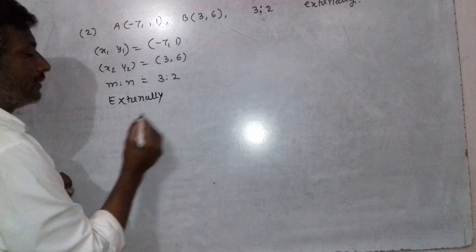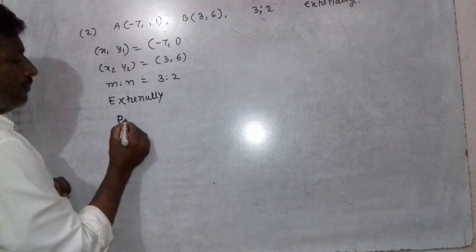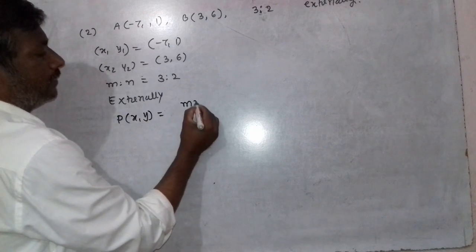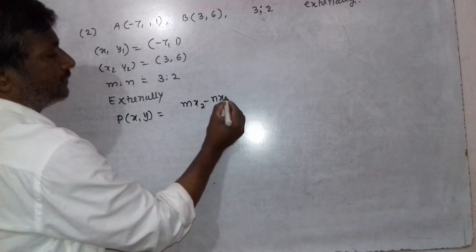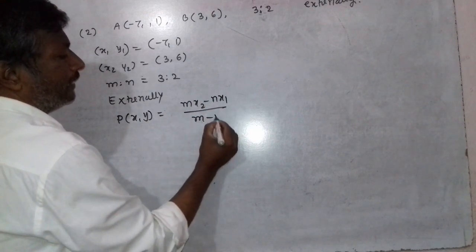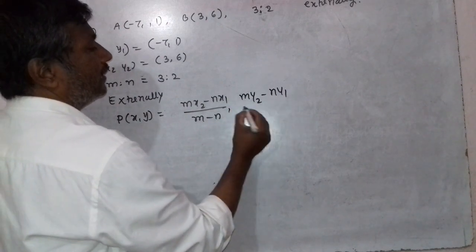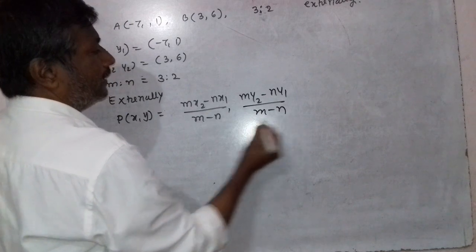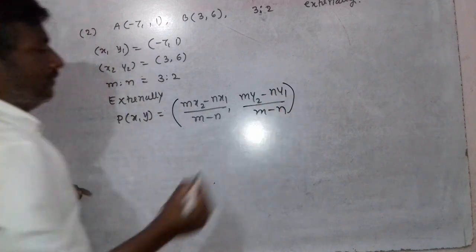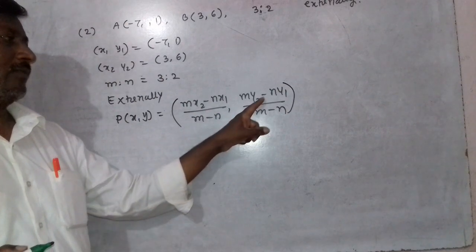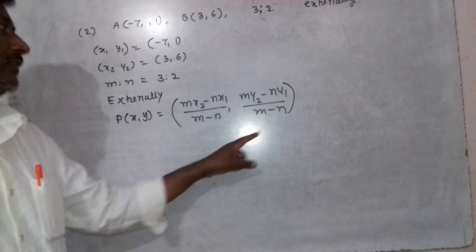The formula for external is P x comma y equal to mx2 minus nx1 by m minus n, my2 minus ny1 by m minus n.